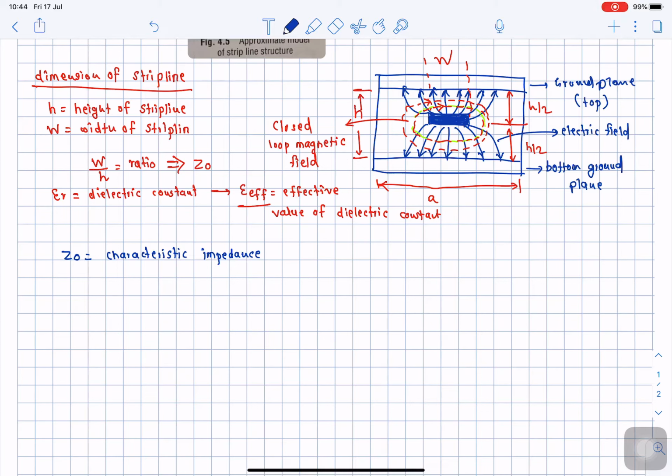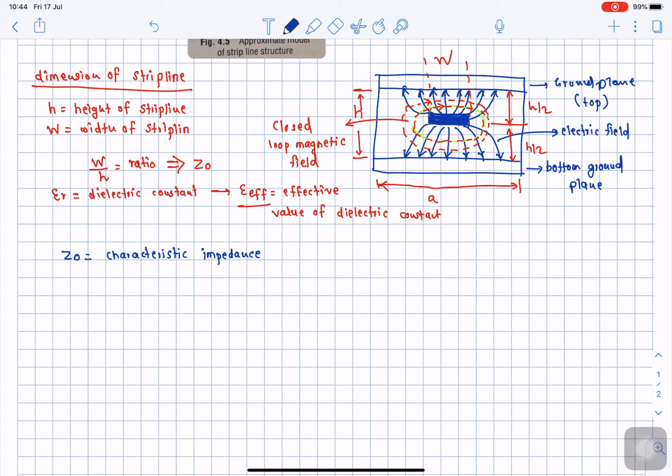So the equation of characteristic impedance for this strip line is given by 30 pi divided by square root of epsilon r, where epsilon r is the dielectric constant of the dielectric material, into bracket 1 divided by 0.441 plus We by H. This is a standard equation to calculate the characteristic impedance of strip line.